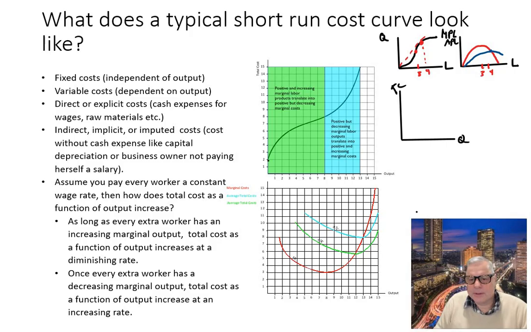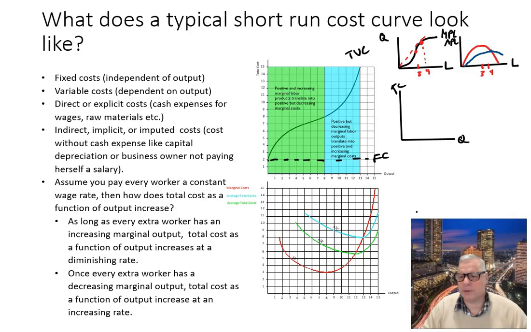No matter what we produce, the curve starts at 2, so that means we have fixed cost of 2. Everything on top of it is the total variable cost. This cost curve looks like an inverse U-shape.